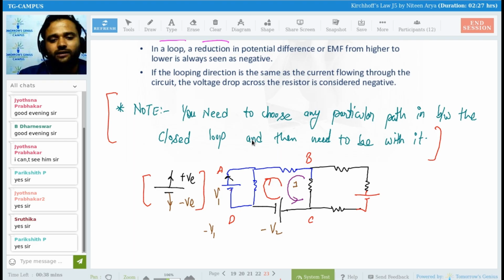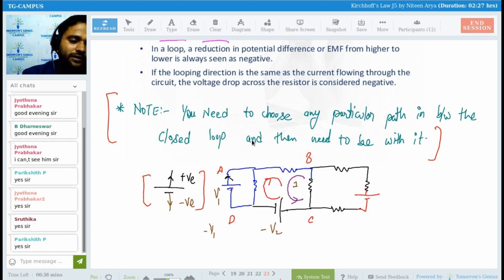If you are going in any direction that follows the path from positive to negative, then you need to take your voltage in a negative sense. As simple as that.